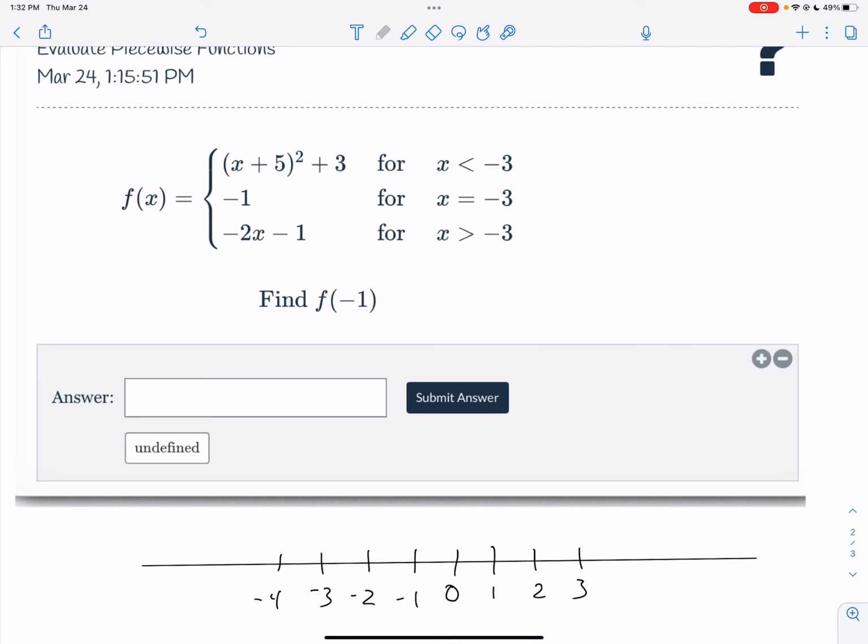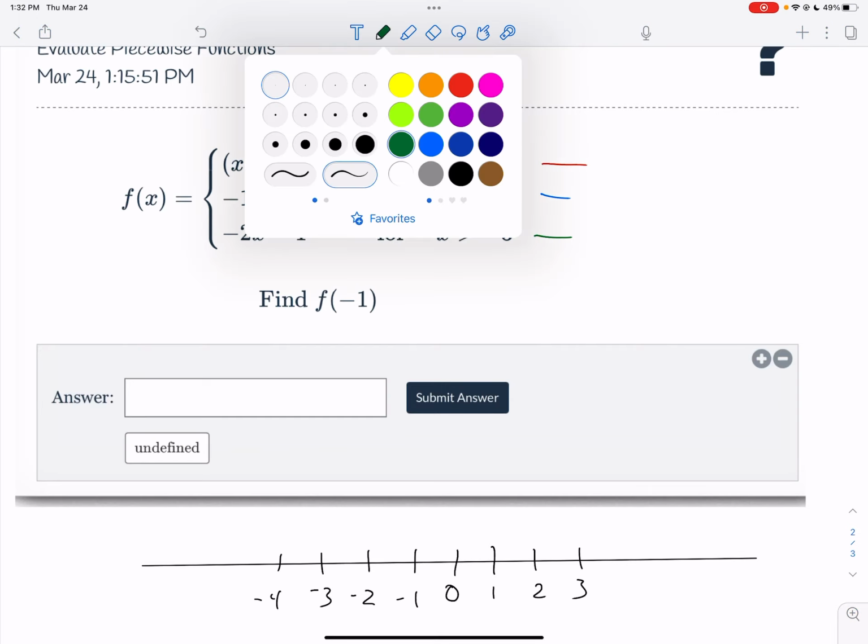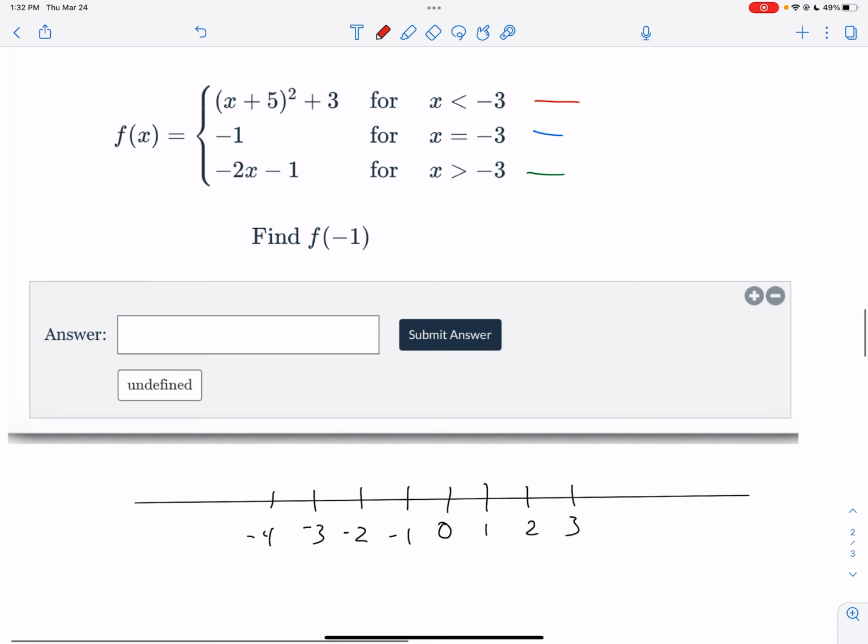And if I were to actually draw each one of these intervals, let's do this one in red, let's do this one in blue, and let's do this one in a better green. So on my number line, if I were to graph x is less than -3, it's not equal, so it's going to be an open dot. And all of the values to the left are less than.